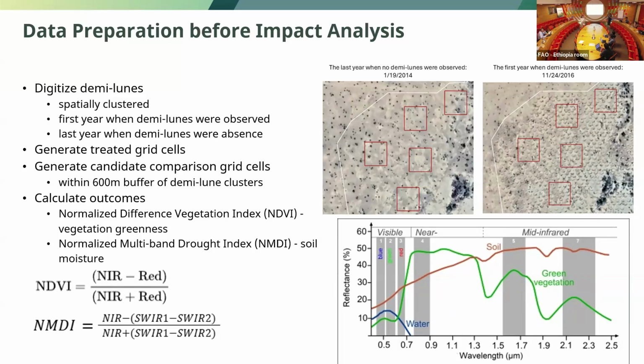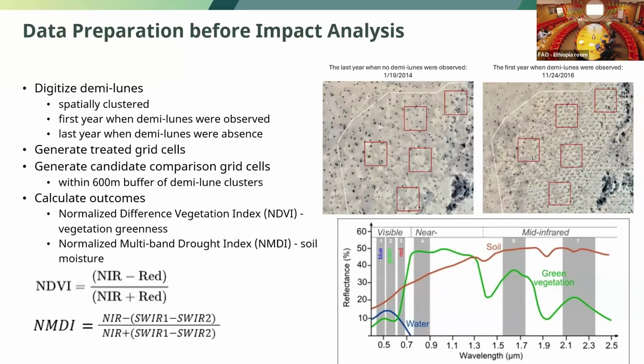After we got the locations of each demi-lune, they were aggregated to grid level. Those grids are used as the treated grid layer. Also, demi-lunes are not arbitrarily constructed. They are constructed perpendicular to the slope, so they are built at some specific locations.